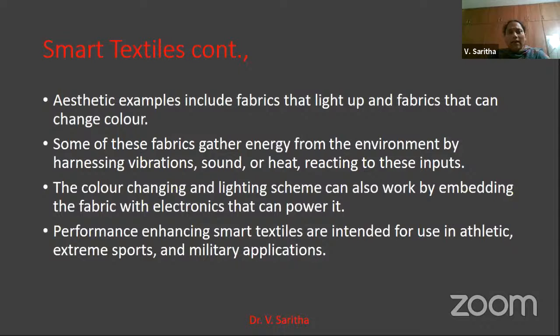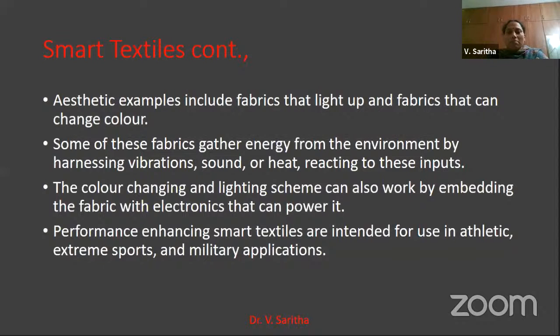So aesthetic examples include fabrics that light up and fabrics that can change color. You can see these kind of smart textiles during entertainment programs, when dancers use these kind of textiles. The textile color will be changing automatically.